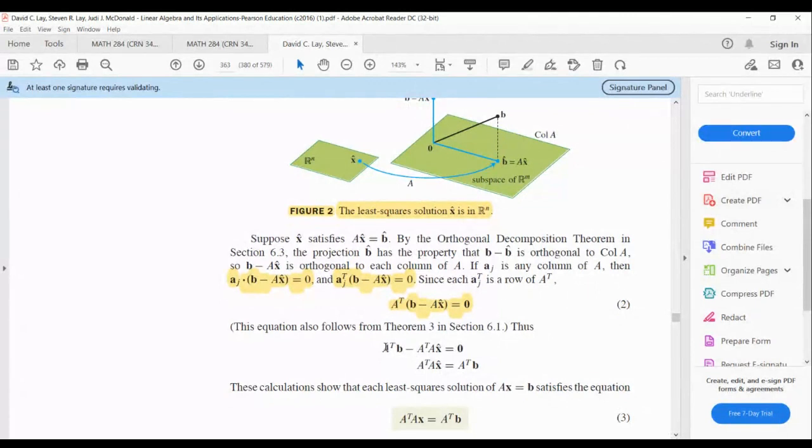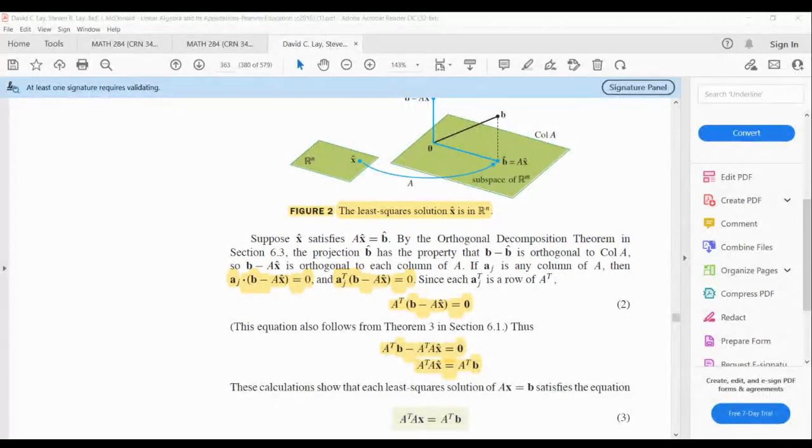So what they do is they distribute A transpose. Okay, they distribute it across there. Okay, no problem, Mikhail. And this is why I'm going carefully through this. And then A transpose times A times x hat would equal A transpose times B. And so you end up getting an equation that you can solve.